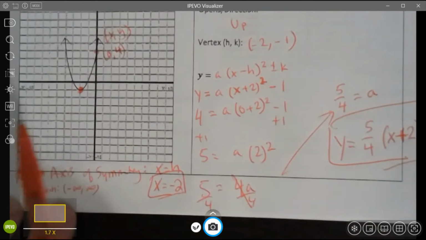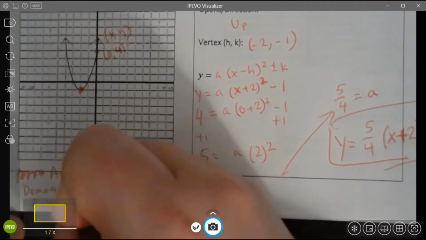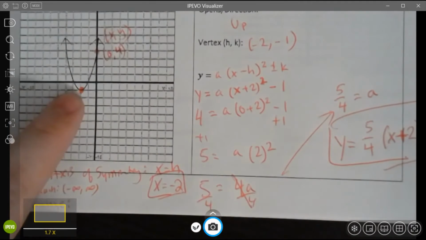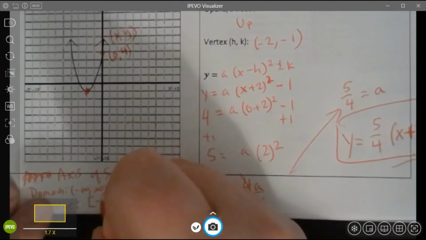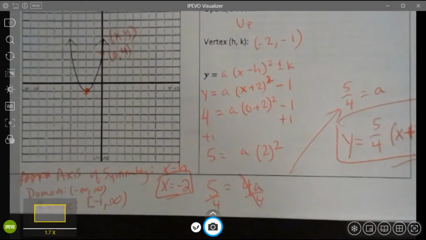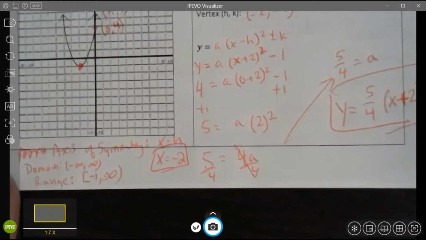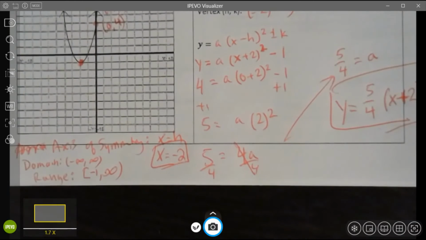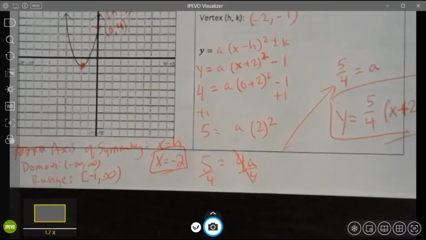There's no restrictions there. But the range, there is a restriction. You can only go from -1 all the way up. So we put a bracket, -1 all the way to infinity. So this is the domain and range of the parabola that they gave you for example number 2.